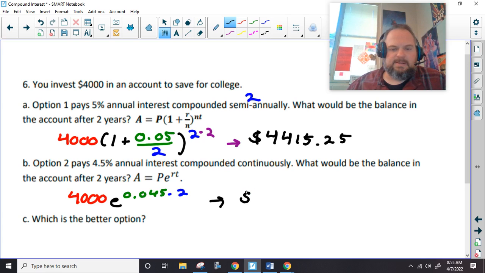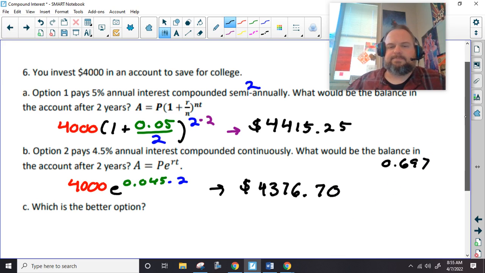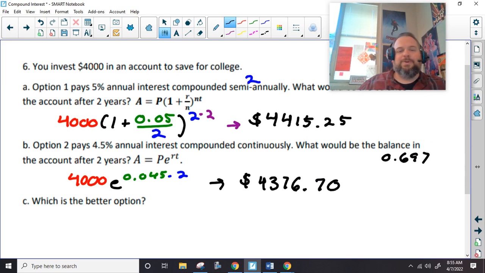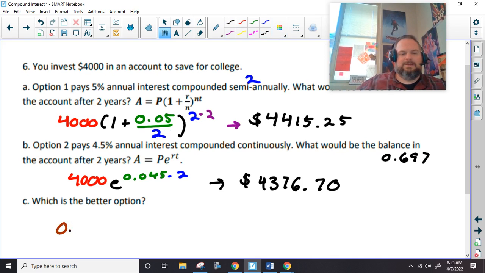So we get, all right, our decimal point on this is 697. So this would actually be 70. Now, which one is the better option? One or two? Which one gives you the most money? Yeah, option one. Okay.